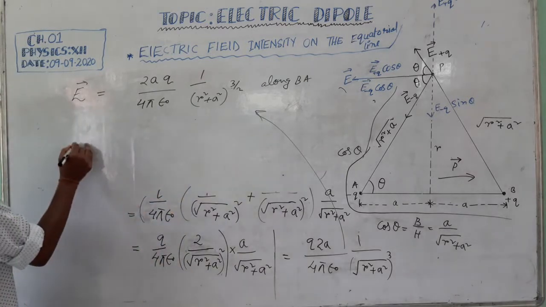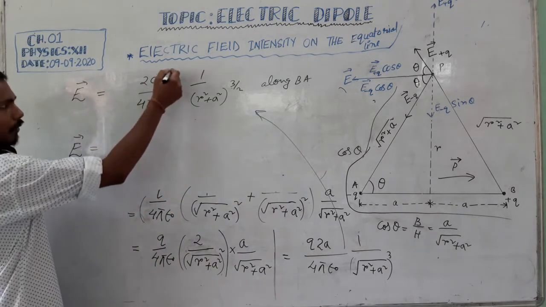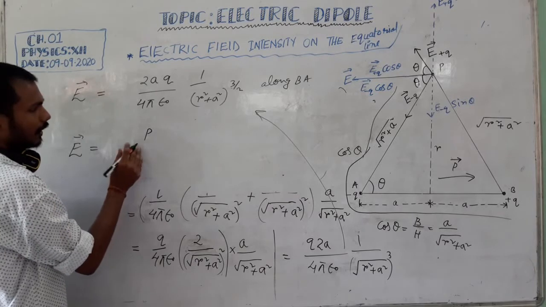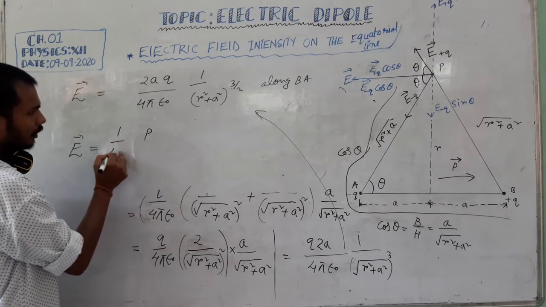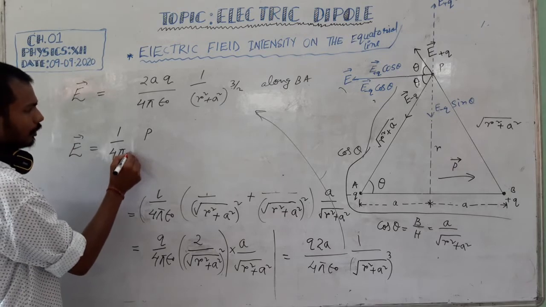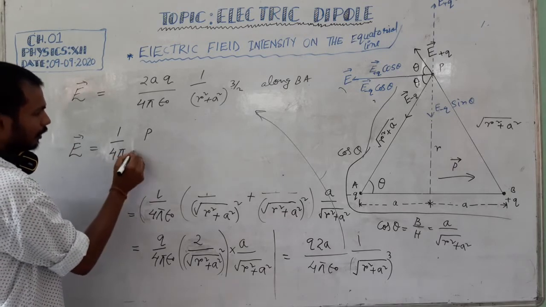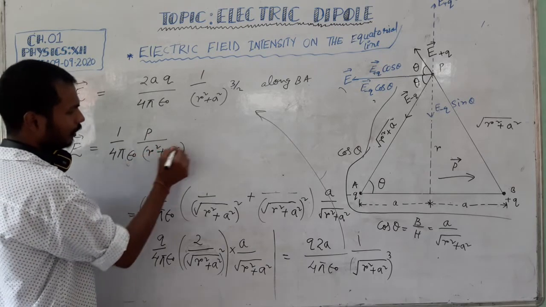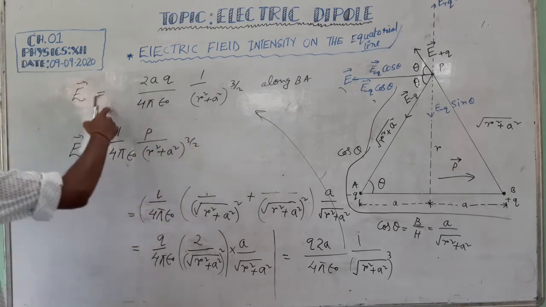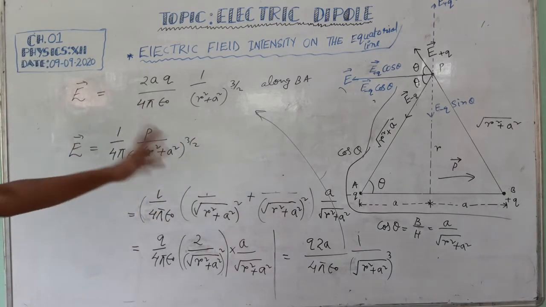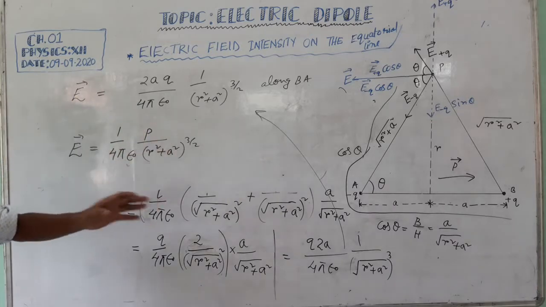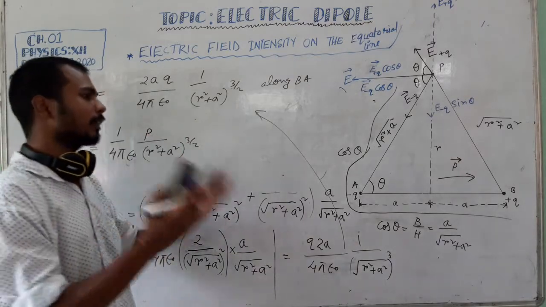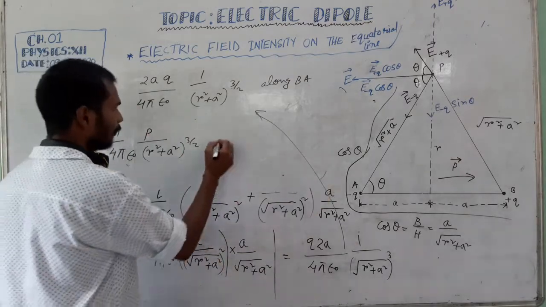So we can write E vector is equal to, and we can replace twice a q by the dipole moment p, so 1 by 4 pi epsilon naught p by (r square plus a square) to the power 3 by 2, and this net electric field is along the direction opposite to the dipole moment. We know that a unit vector always gives the direction of the vector, so we write the unit vector as p cap.